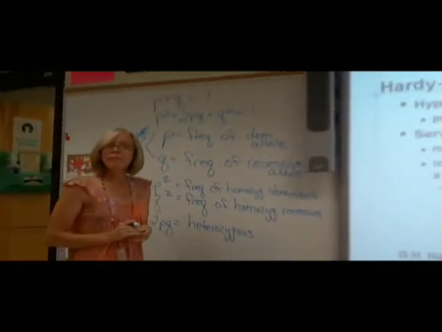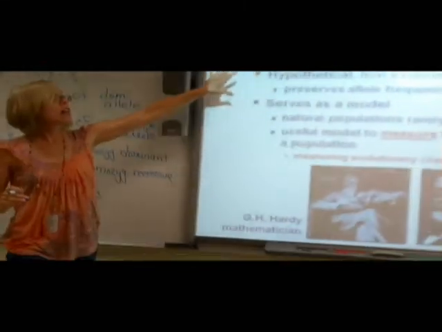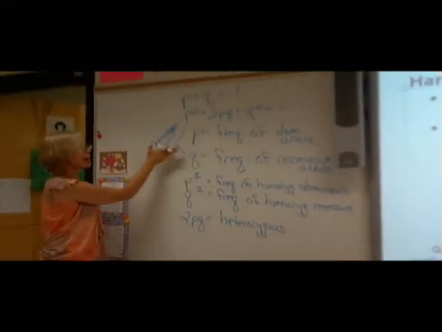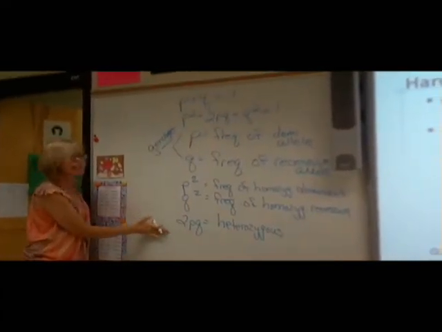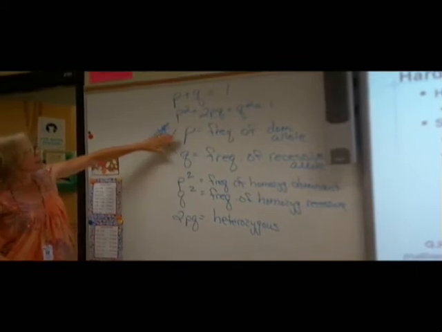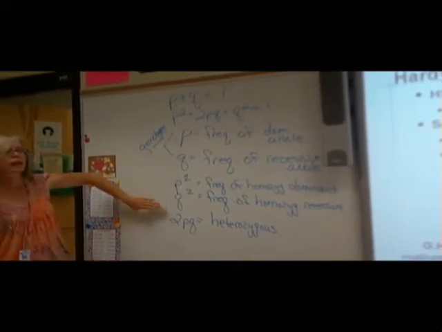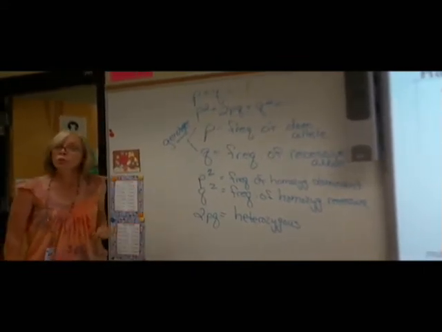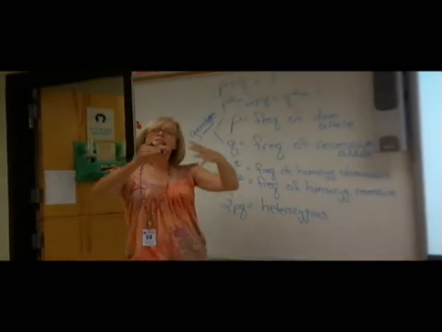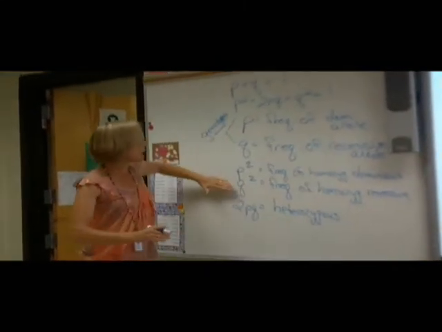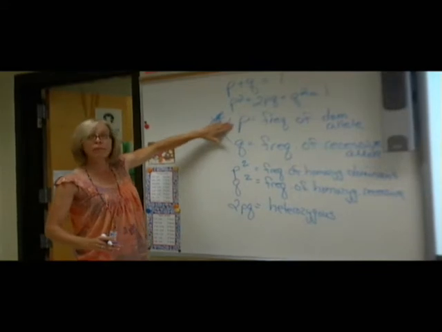What will happen as we work Hardy-Weinberg problems, which we're going to do after this, you will be given one of these 5 things. You will be given either P, Q, P squared, Q squared, or 2PQ. And you'll be asked questions about finding the rest of them.